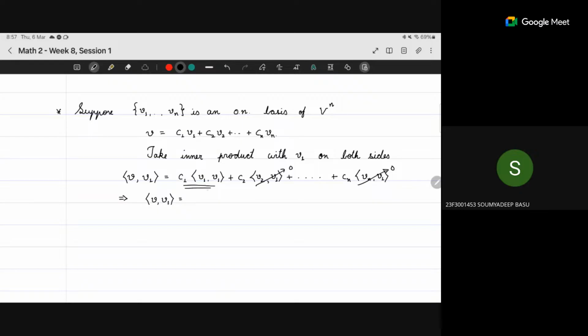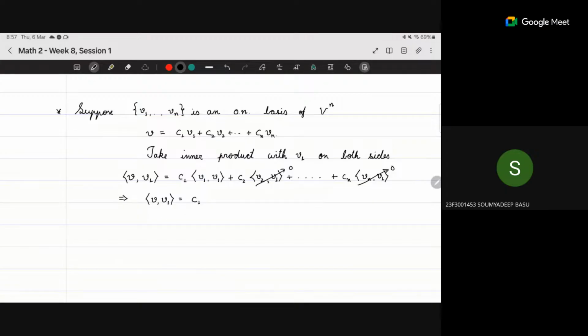What will remain is C1 times, what is the inner product of V1 with V1? It's the norm of V1 squared, but that is orthonormal, so it is 1. So this is C1. You got the first coefficient just by taking the inner product of V with V1.